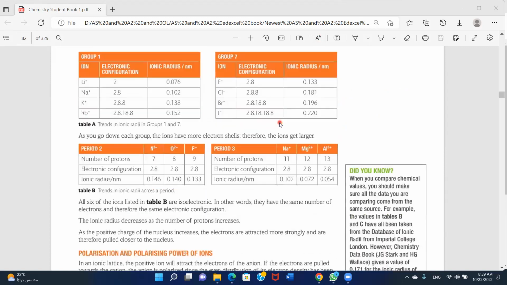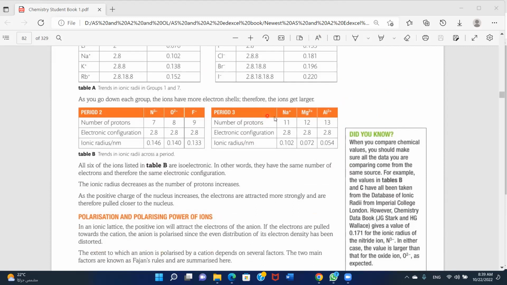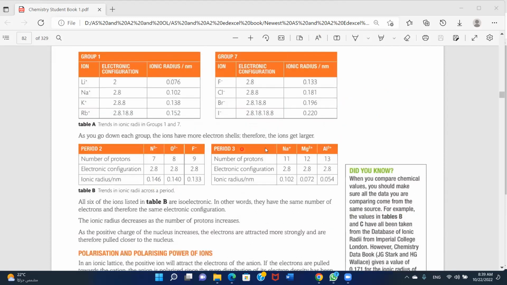Now, what happens in case of periods? If we start with, for example, period 3, containing sodium ions, magnesium ions, aluminum ions. In case of sodium atom, it had, as we said before, 11 protons and 11 electrons. But if we have sodium ion, what happens?